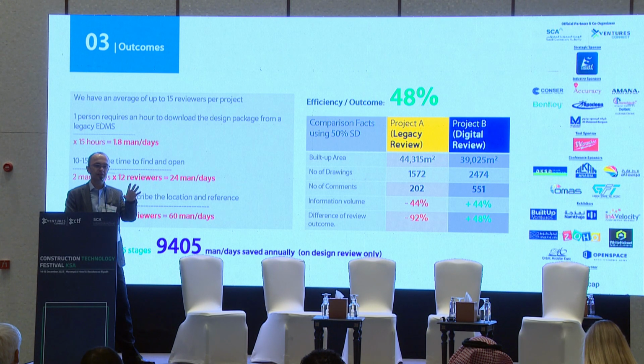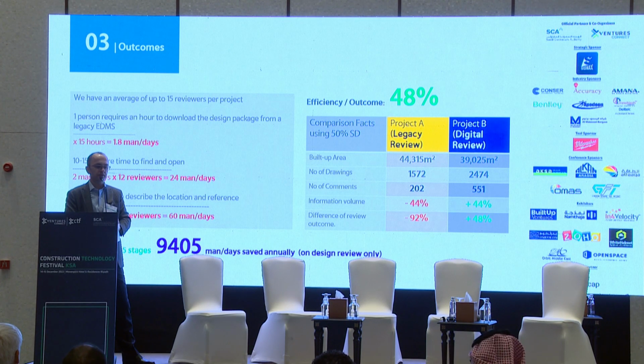And when I say 48%, it doesn't mean we saved 48% cash or 48% time. It means we are 48% more efficient in our commenting and design decision making. And in terms of savings, we managed to save 9,405 man days across 22 projects within a year, and on just design management.